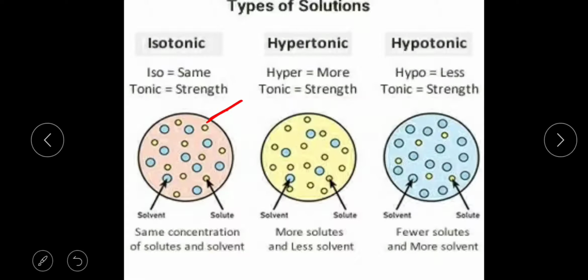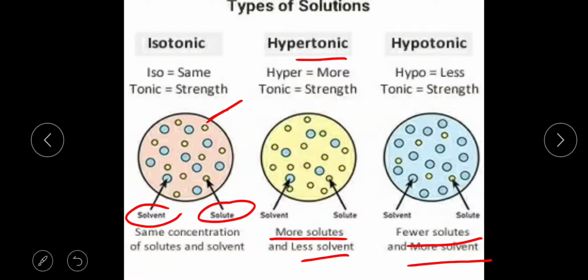Hypertonic, hyper means more strength, consisting of more solute particles than solvent particles. Whereas in hypotonic there will be fewer solute and more solvent particles. So these are the particular types of solution.